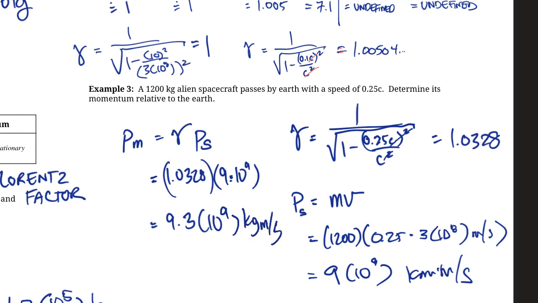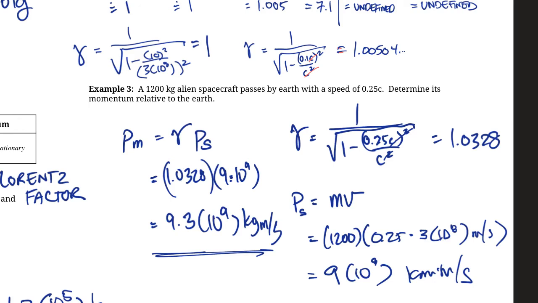There we go. So that's our final relativistic momentum of this alien spacecraft, which, as we'd expect, because it's moving so fast compared to us, is going to appear to have a higher momentum.